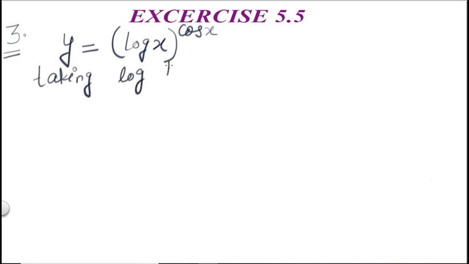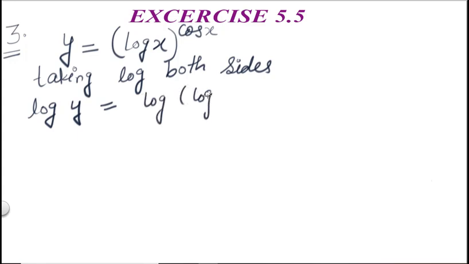Taking log both sides, what do we get? We get log of y equals log of x whole power cos x. Now consider log x as a, cos x as b.